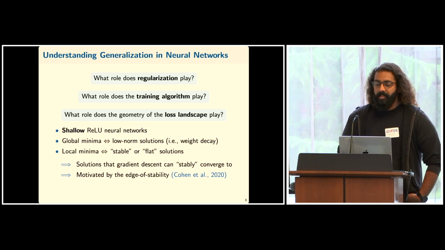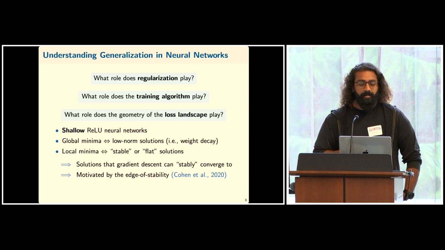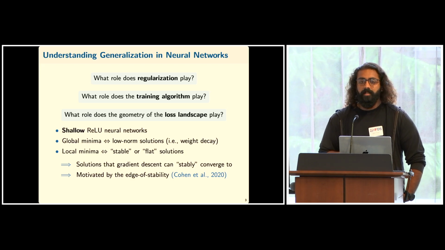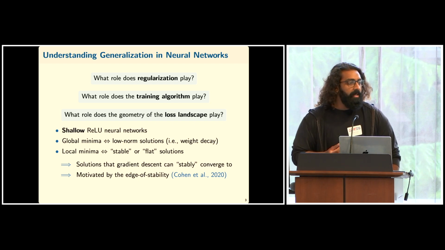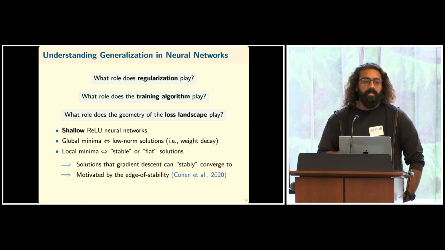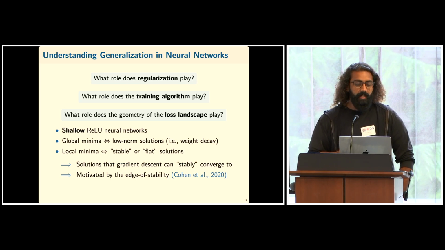So today we'll circle around these three questions, focusing on shallow ReLU neural networks, so one hidden layer. We'll look at two case studies, the first being global minima, which I'll associate with low norm solutions, meaning those trained with weight decay. And then we'll look at local minima, associating those with solutions that are stable or flat in some sense.